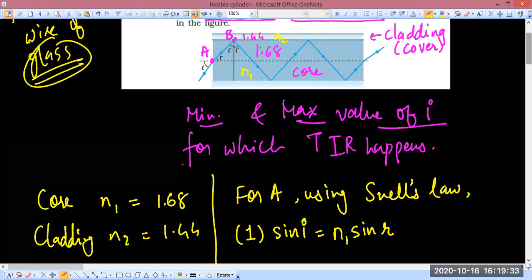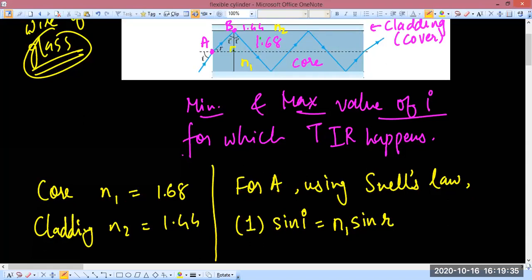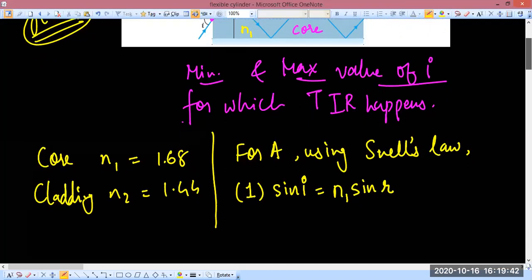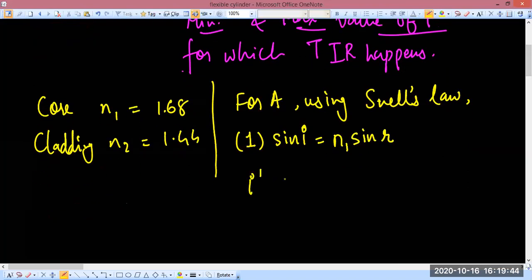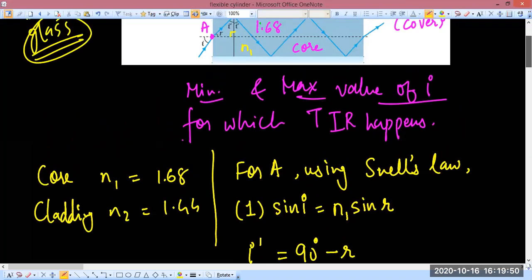Further, you can clearly see that this is a right angle. So what we have is I dash is equal to 90 degree minus R. I don't think you have a problem with that. You can see in the diagram I dash is equal to 90 minus R, right?